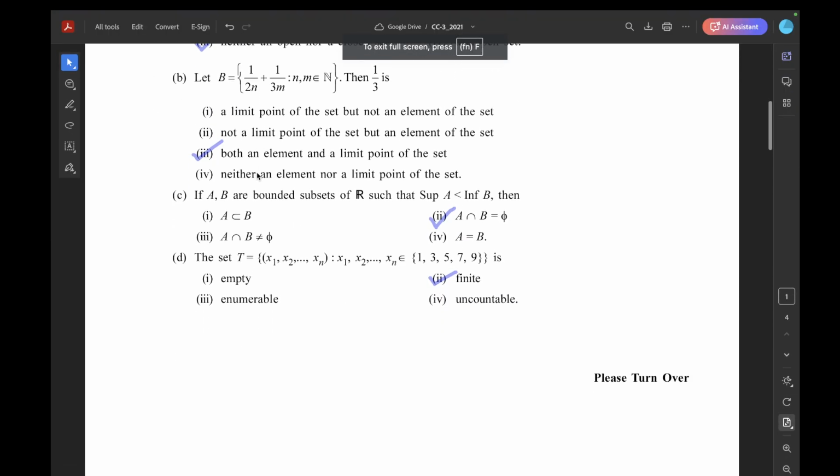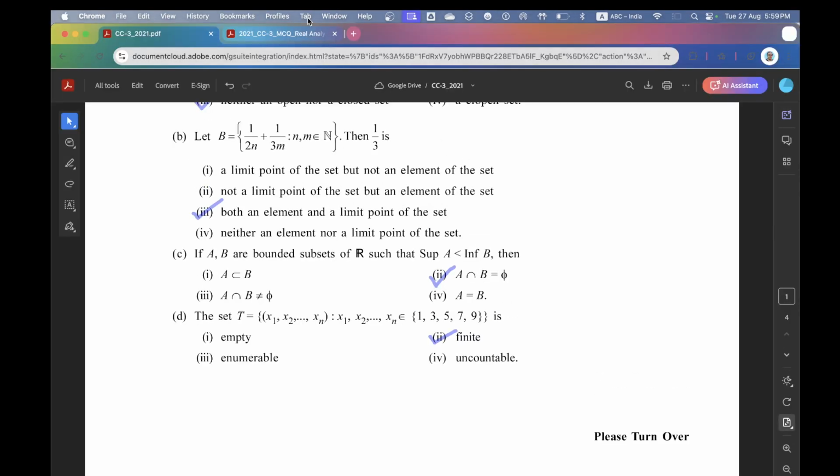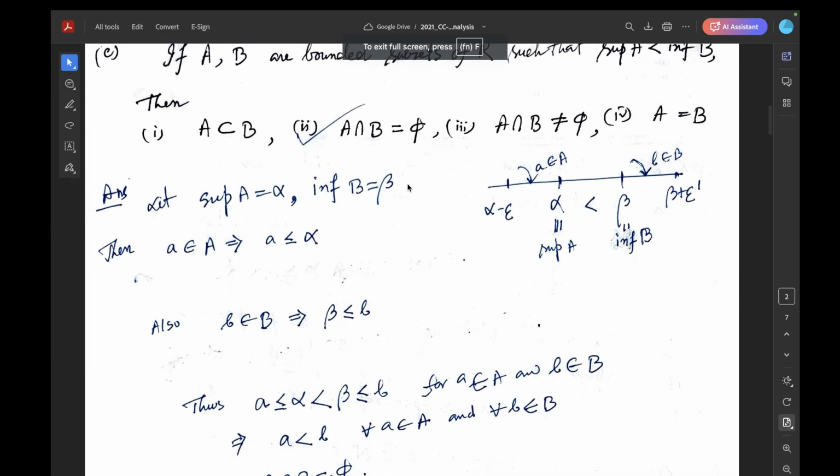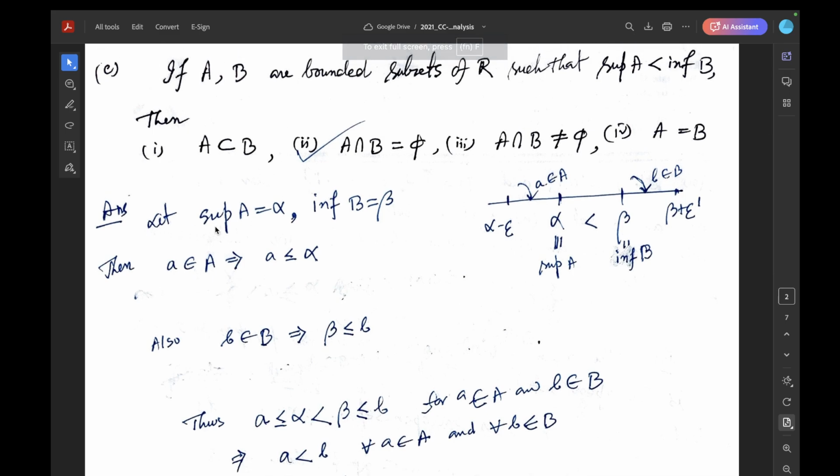Next question C. If A, B are bounded subsets of R such that supremum A is less than infimum B, then the correct option is 2, A intersection B equal to phi. Let supremum A equal to alpha and infimum B equal to beta.